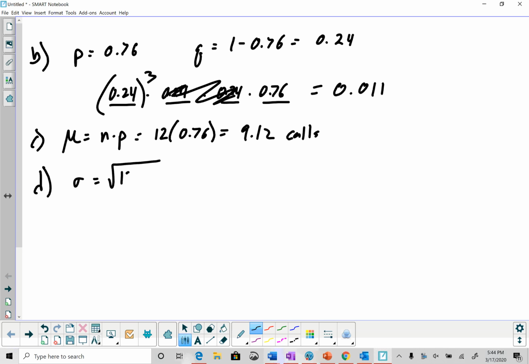So we said that there were 12 calls, times P, success is 0.76, times Q, failure is 0.24. Again, we're going to multiply all those together and take the square root. So that should give us a standard deviation there of 1.48. Again, I think calls would be the unit of measure.